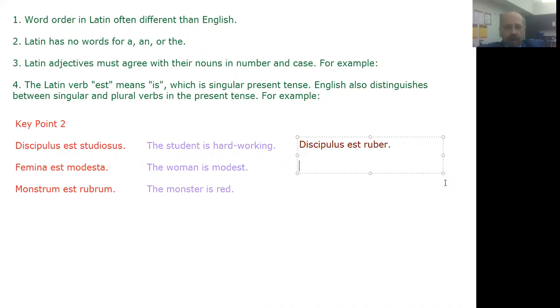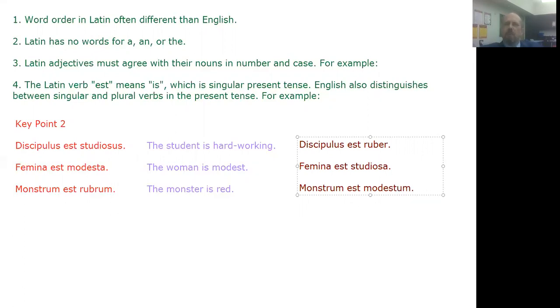If the woman were hardworking, right, we would have femina est, not studiosus, but studiosa, feminine ending. And then here, if the monster were modest, we have monstrum est modestum.